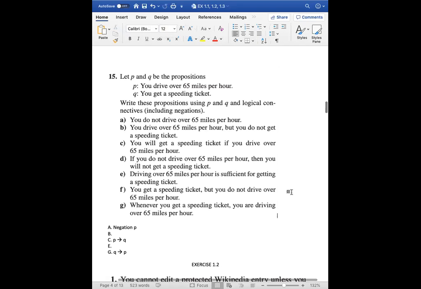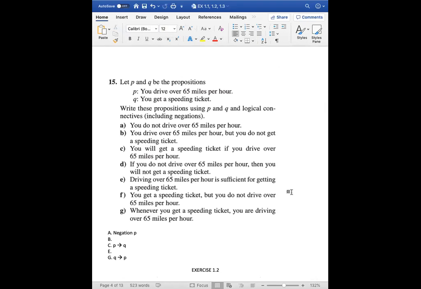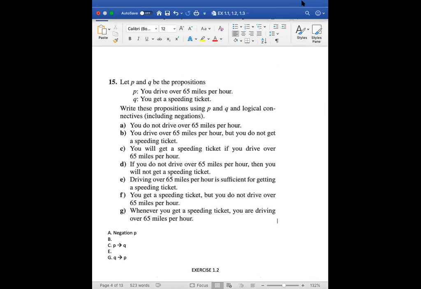Okay, any other questions? For part E, is there an implication there? Because there's sufficient. Yes, part E also represents implication.